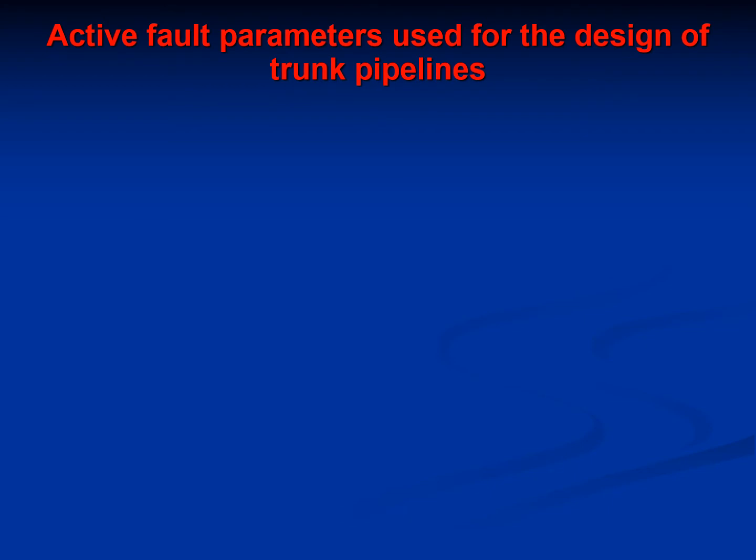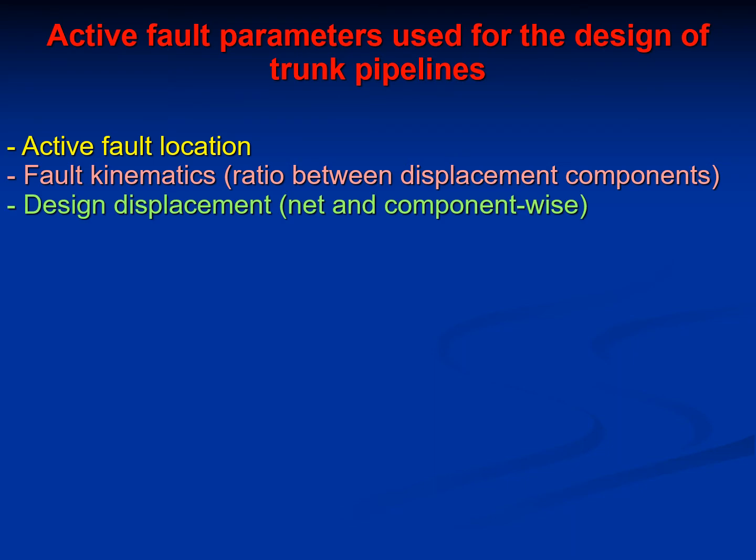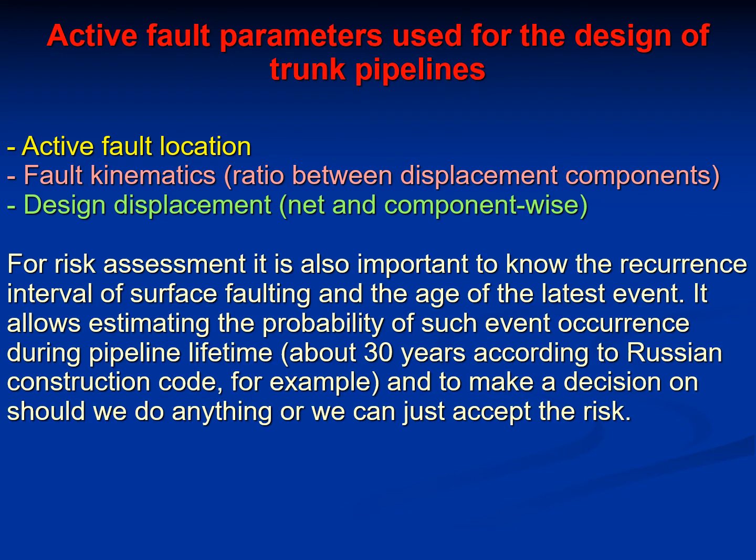Active fault parameters used for the design of trunk pipelines are: first, active fault location, where it is; fault kinematics, the ratio between displacement components, and I must add that another important parameter is the orientation of the active fault relative to the pipeline road; design displacement, net and component-wise.